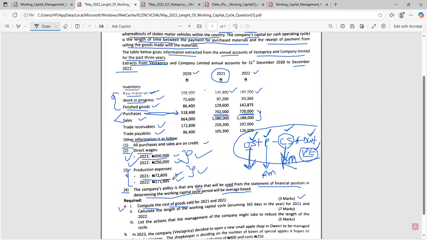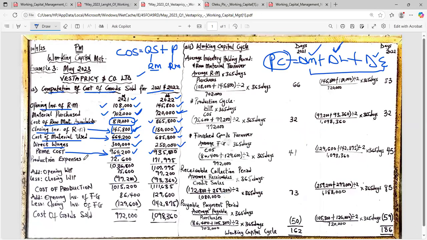For 2021, I have 72,600. For 2022, I have 171,995. Add them together. You get 1,036,800. Confirm it. Add both together. You get 1,107,795. Confirmed?